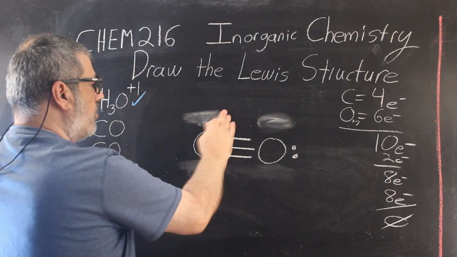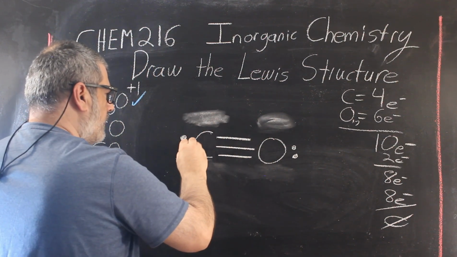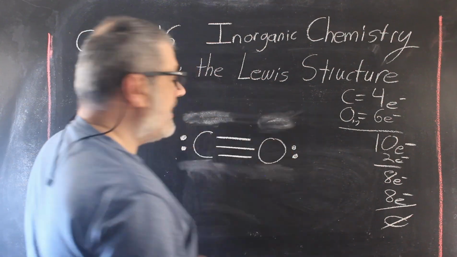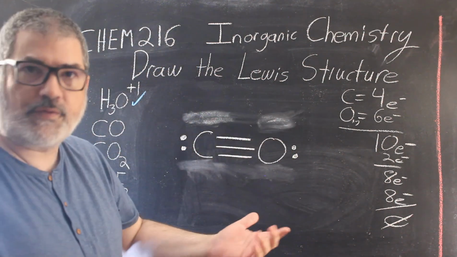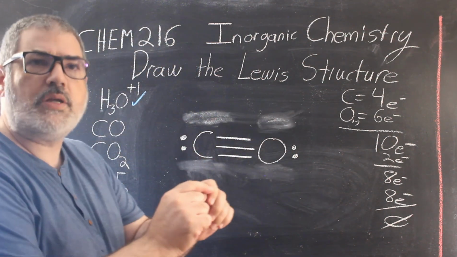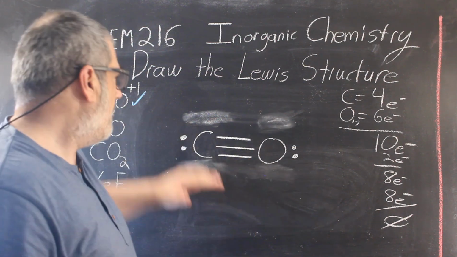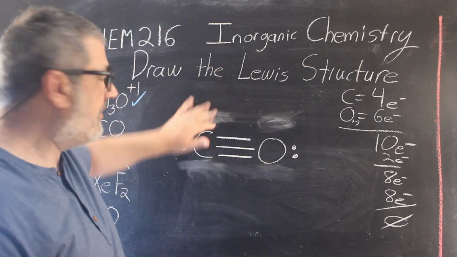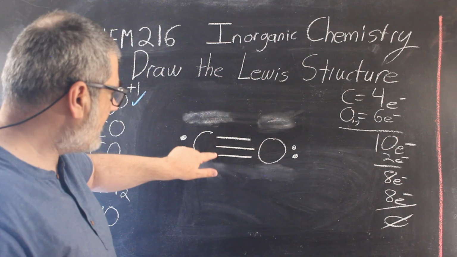Now I'm gonna redraw to make this look a little bit better. And the reason why is we know from VSEPR theory that the lone pairs repel each other. But if I did leave them up here, it wouldn't make any difference. So 2, 4, 6, 8, 10.